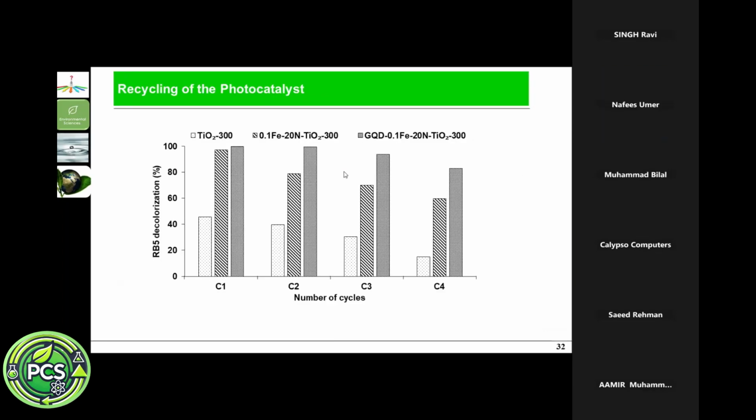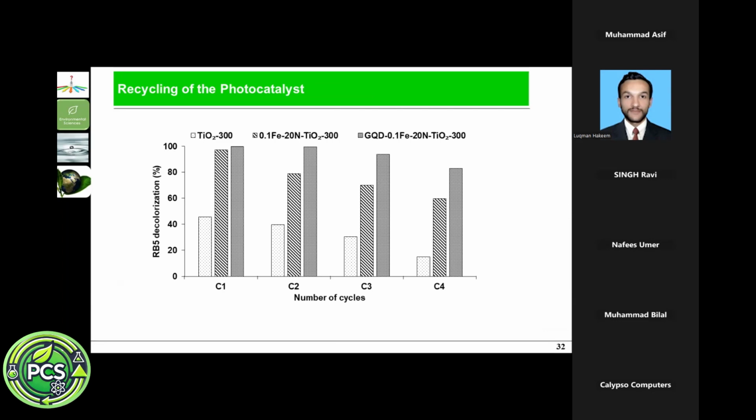Yeah, thank you. I'm just curious about why this is decreasing drastically after the 4 cycles. Why is it not so stable? Am I audible? Yes. Sorry.